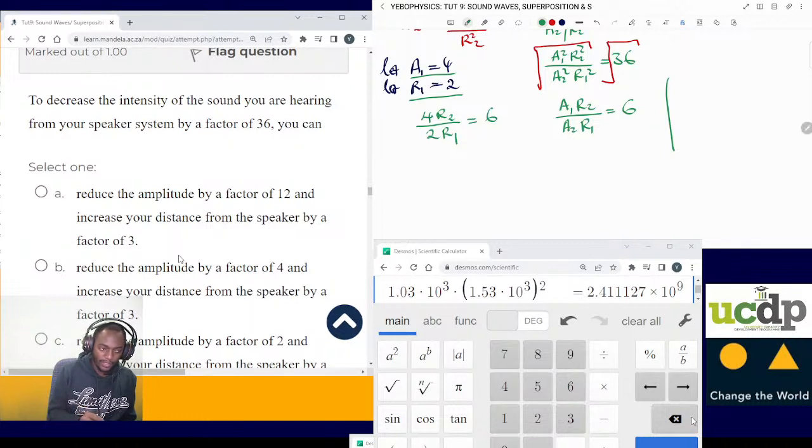If we've equated that to 6, then what remains is to simplify.